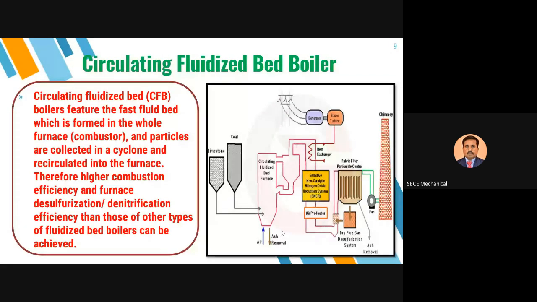Then it goes to the chimney. So the remaining non-toxic gases go to the chimney. Likewise, fluid bed combustion is helpful for desulfurization and denitrification. Finally, we can achieve a low NOx emission level. That is the main advantage of the circulating fluidized bed boiler.